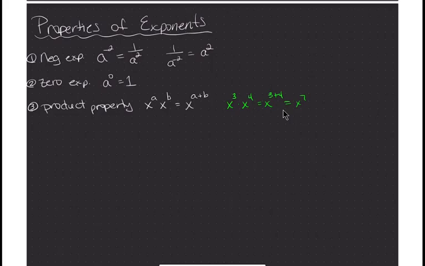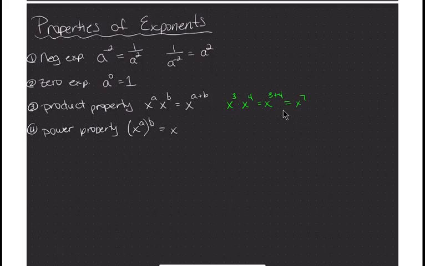The 4th one is the power property. So the power is going to be like the exponent. So let's say we have some base x raised to the a, but then it's also raised to the b power. So when we have them in parentheses where they're raised to another power, we'd be multiplying those.